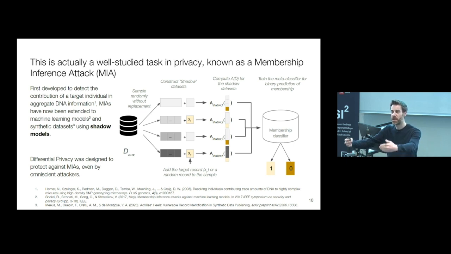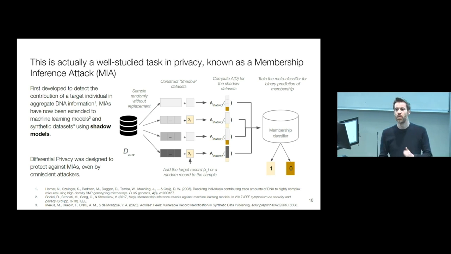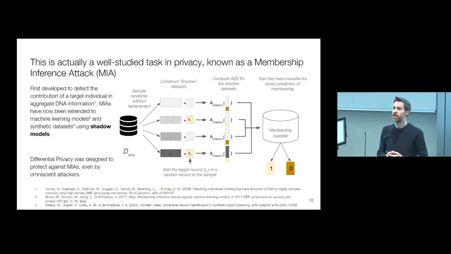Then I'm going to train what we call a meta-classifier, a machine learning model on top of those machine learning models, to predict which of the models has seen Mark's data and which has not. Super efficient, super effective way to test the privacy of machine learning models. Well developed, well used across the privacy literature.